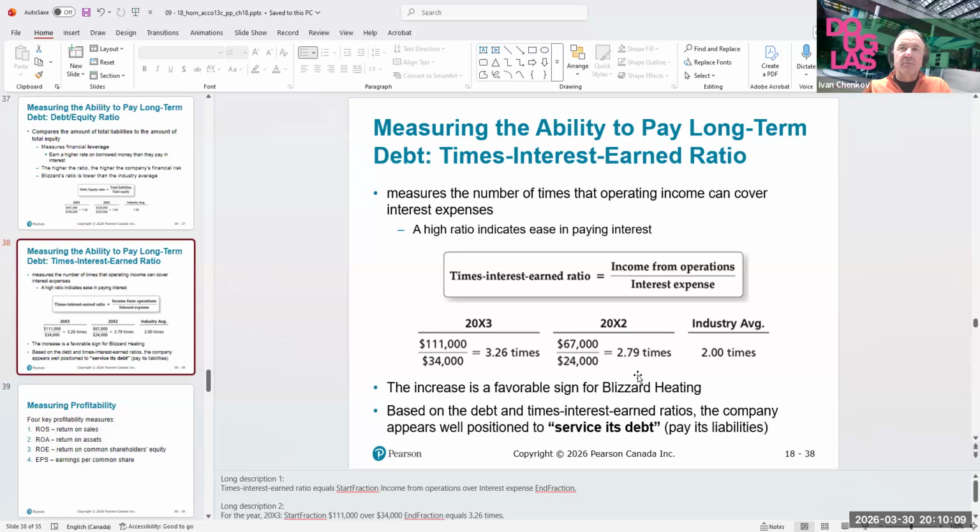Now let's go to the next ratio, which is a very important ratio. The next ratio measures how many times you can pay your interest expenses with your income from operations. Again, it tells you how many times you can pay your interest expenses, which is the cost of your debt, with your income from operations.